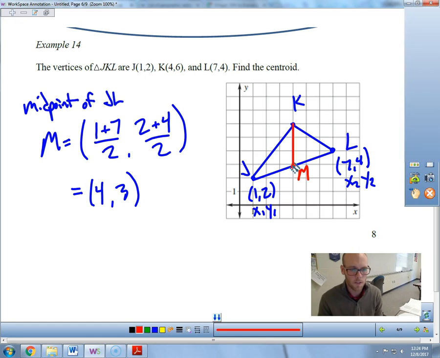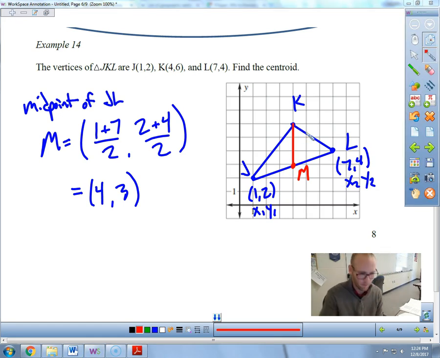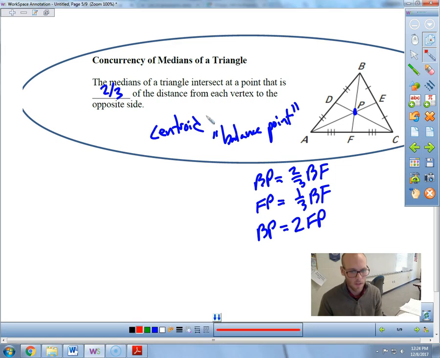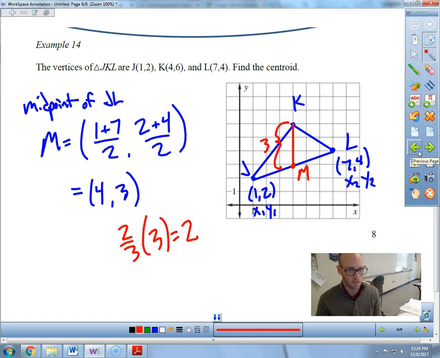How far is the vertex from the opposite midpoint here? That's 3 units, isn't it? What's 2/3 of 3? 2. So that tells me that the centroid is 2 units from the vertex to the opposite side.